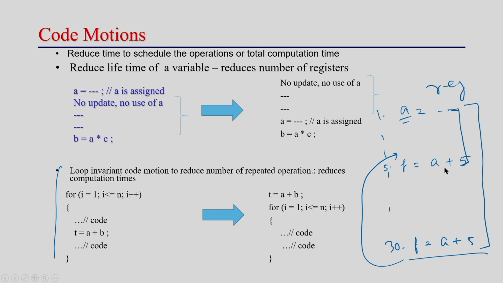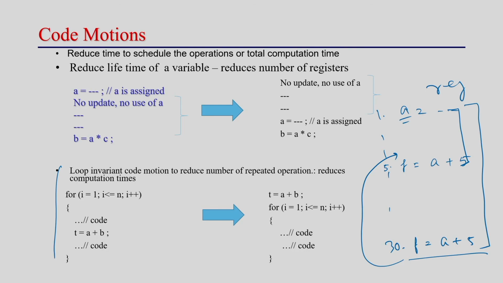I am not saying this is 30 cycles, but if there are 30 operations, scheduling them needs more time, and the number of clock cycles will be more; if it is only 5 operations, the number of cycles needed to schedule them will be less. So, the lifetime of this variable reduces if you just move the code. This is what is called code movement, or code motion.